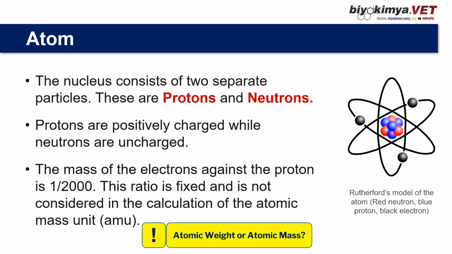Weight is defined as the force acting on an object by gravity with the unit of Newton. So this means weight actually is force, and defined as Newton, while the unit of mass is kilogram.